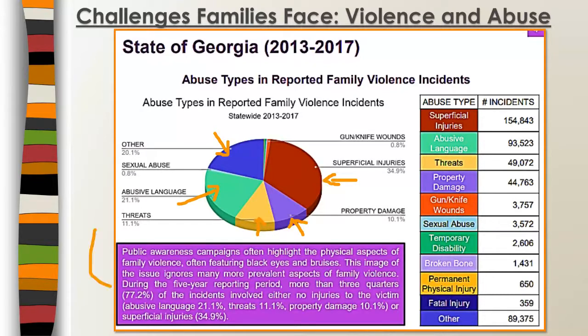Let's see what they say in this box. Public awareness campaigns often highlight the physical aspects of family violence, often featuring black eyes and bruises. This image of the issue ignores many more prevalent aspects of family violence. During the 5-year reporting period, more than 3/4 of incidents involved either no injuries to the victim, abusive language, threats, property damage, or superficial injuries.